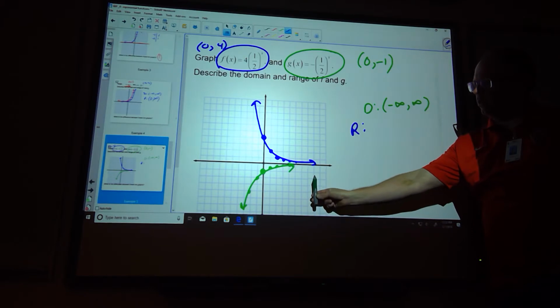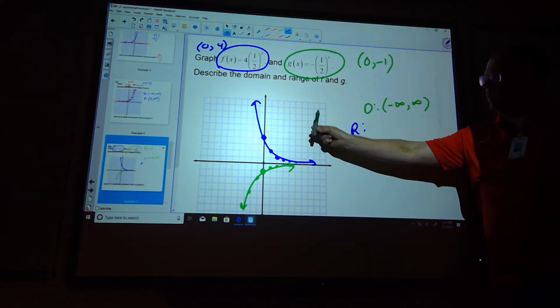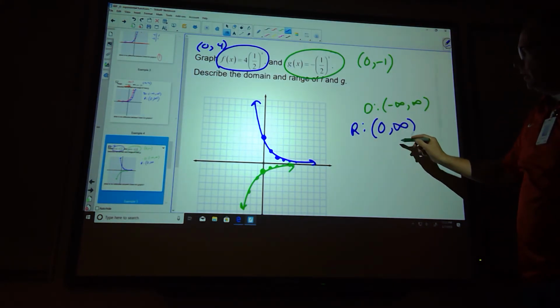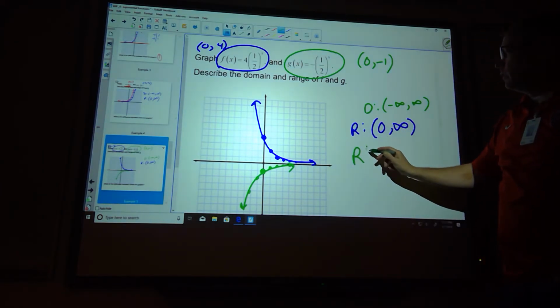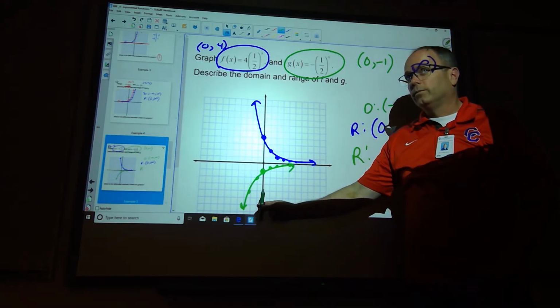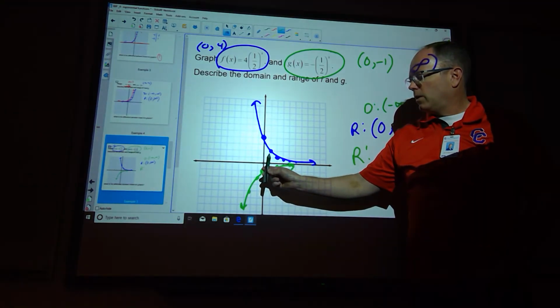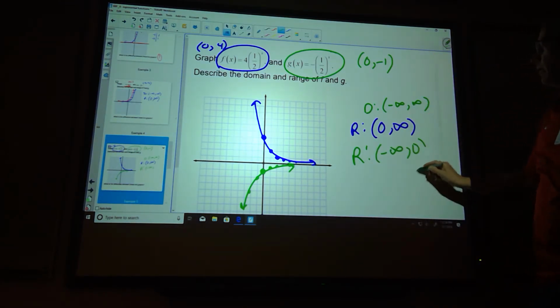Tell me when I get to my blue graph. There. And it keeps going, right? So my range here is going to go from 0 to infinity. But my green graph, do I see my graph here? And where do I stop? There. So my green one goes from negative infinity to 0.